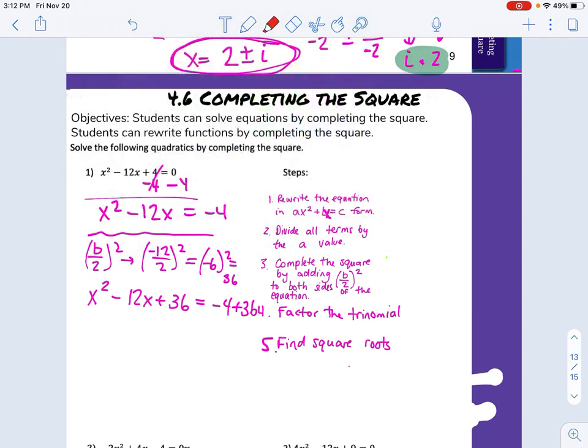So, factor the trinomial. You'll notice now over here on the left side, we have the trinomial. We are going to factor it. And it happens the way that we came up with this. Oops, not 42, 32. We can take 36. It's a perfect square.